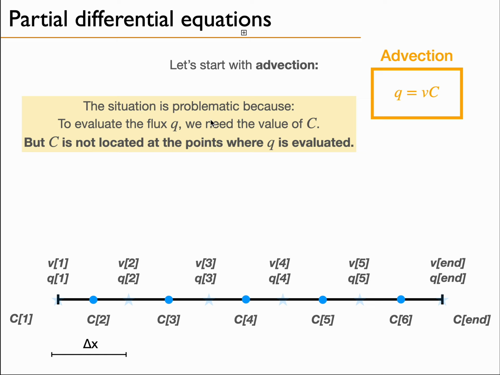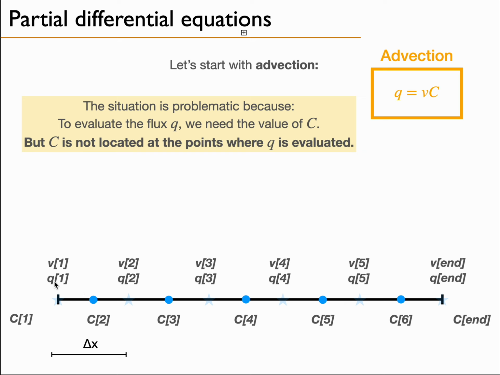The situation is such that if we look at the axis here, we have the value of c and we have the value of q. It's located at the midpoints between the c points. So q is here. If we want to evaluate q directly as a function of c, it's difficult because q and c are living at different locations in space.